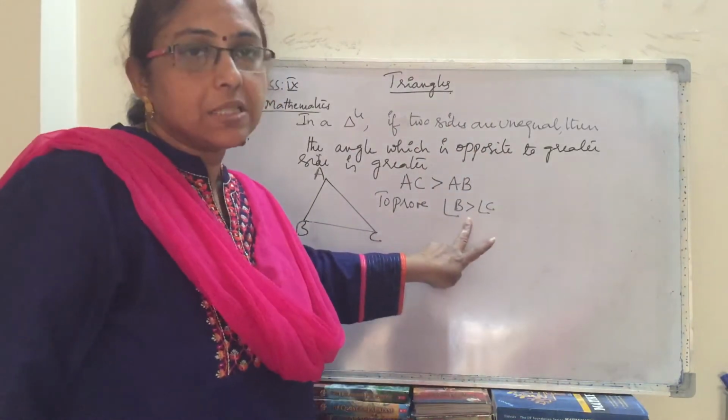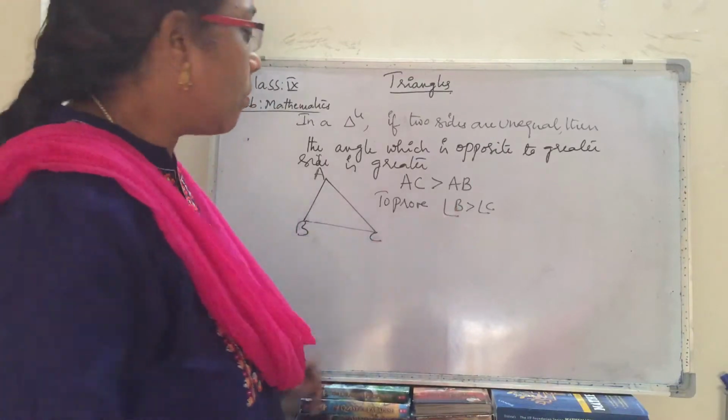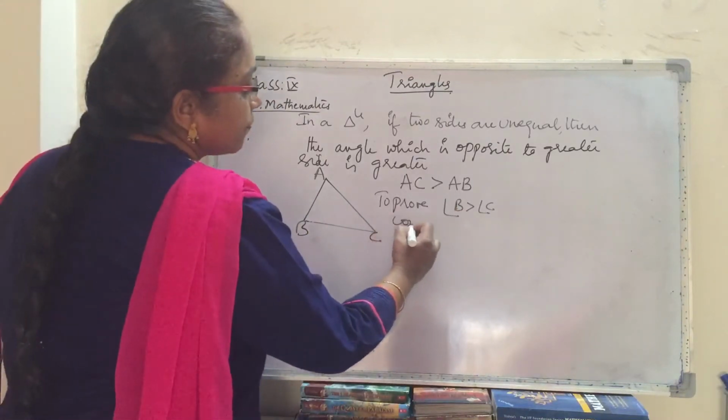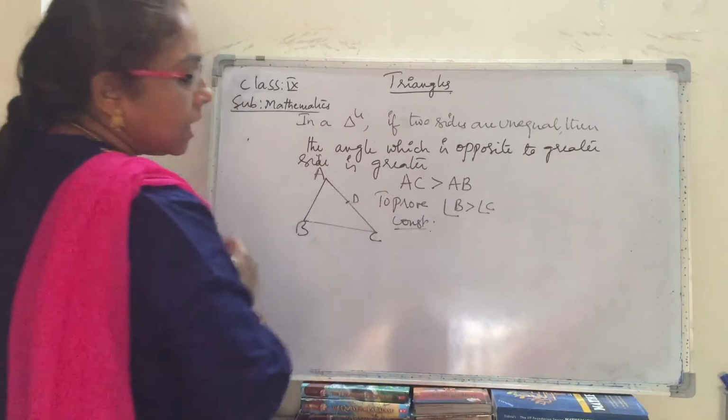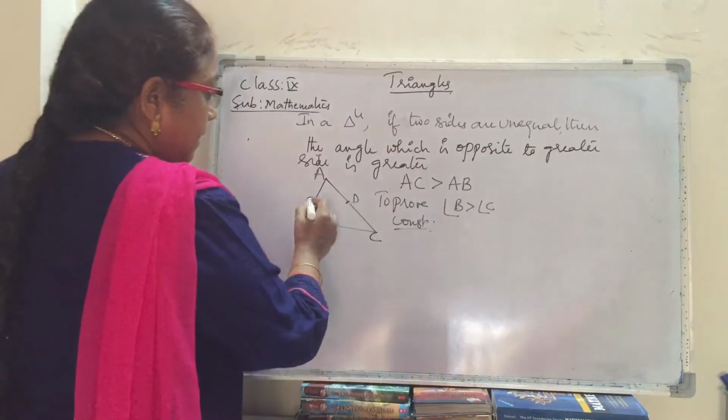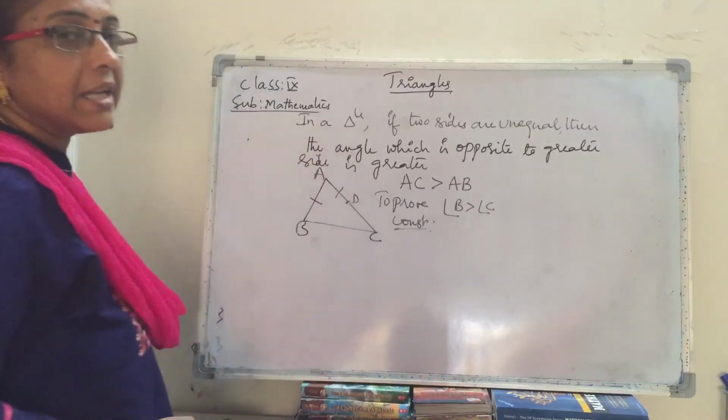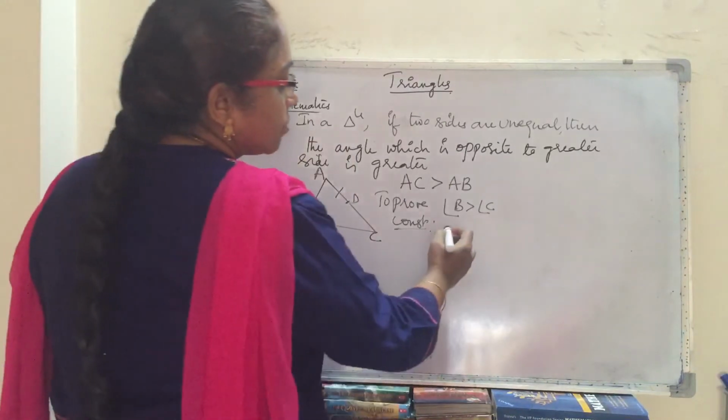Okay. So for this proof, we need a construction. What is the construction? We take a point D on AC such that AB and AD lengths are equal. So what is the construction?